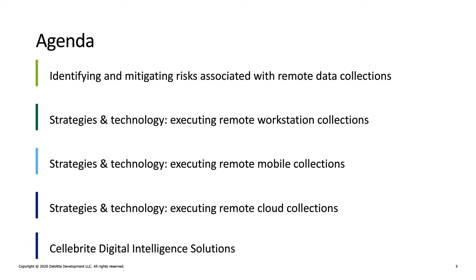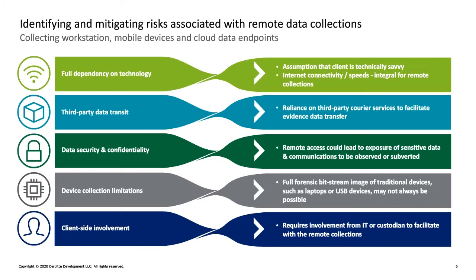First and foremost, let's talk about the risks and how we can mitigate them. I hate to tell you guys this, but number one, full dependency on technology has bit us more times than I can tell you. Don't assume that everyone has an internet connection or that their internet connection is stable.